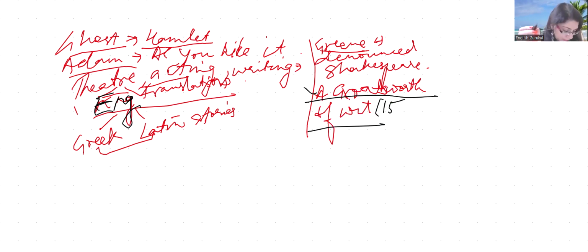Green describes him as an upstart crow, beautified with our feathers, that with his tiger's heart wrapped in a player's hide.